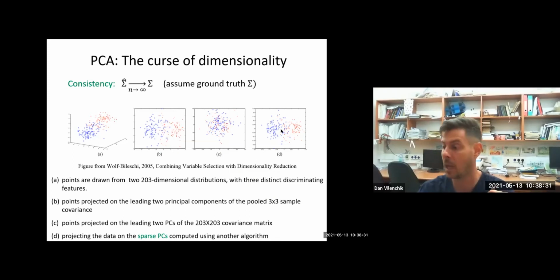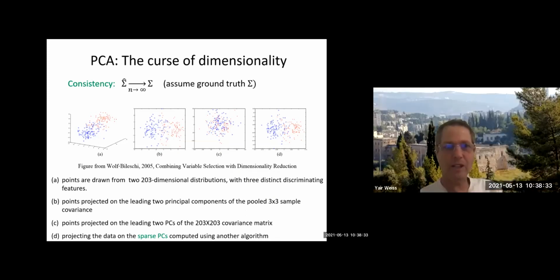Dan, question? Yeah, sure. This isn't really about consistency. It's more about the fact that you could get the same counterexample even if sigma hat exactly equals sigma. It's just that the eigenvectors of sigma are not necessarily the informative ones, but it's not about sampling noise, right?